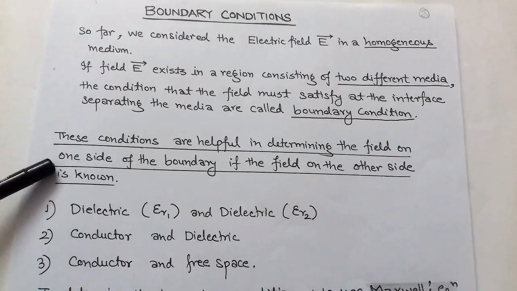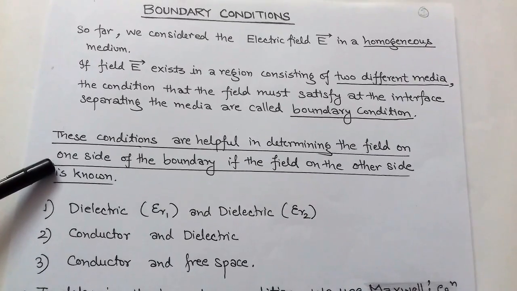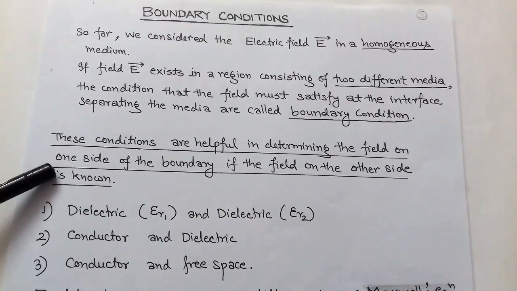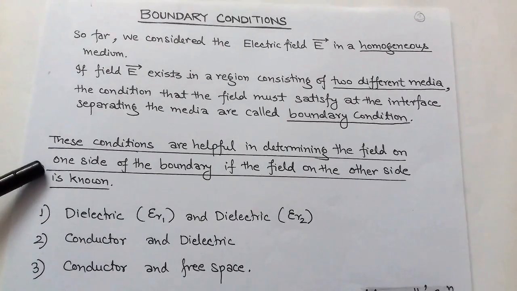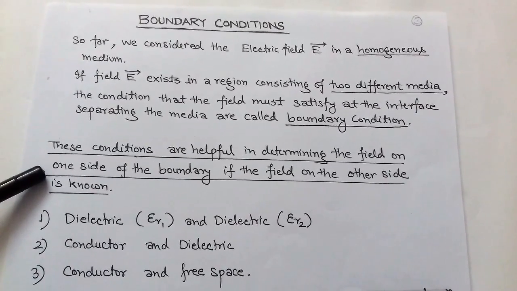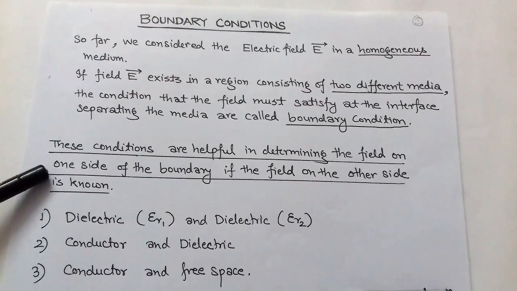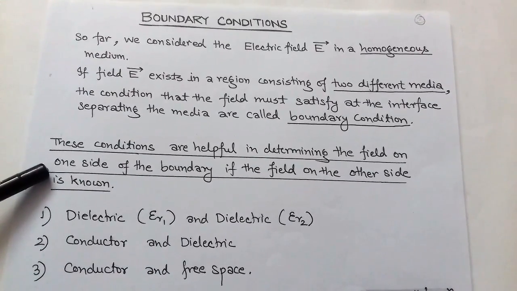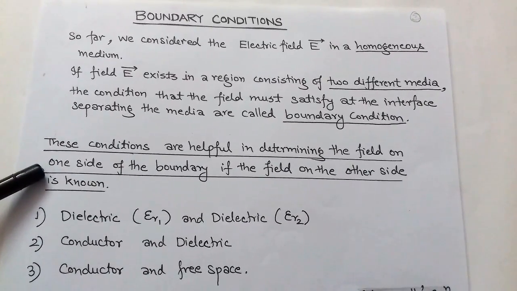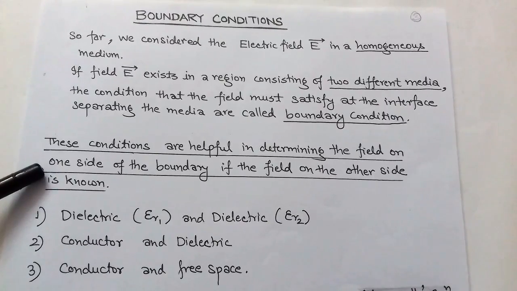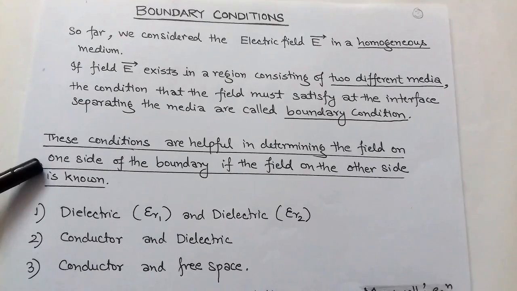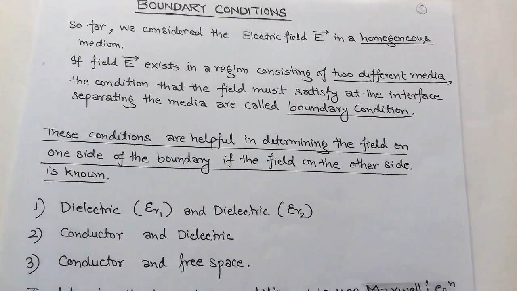If the fields on one side of the boundary are known, then with the help of these known fields in one region we can determine the fields in the other region of the boundary.